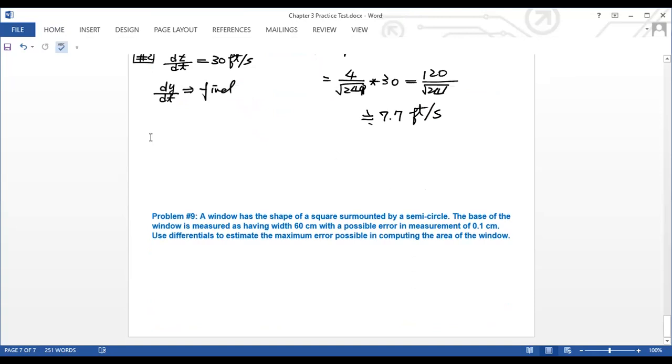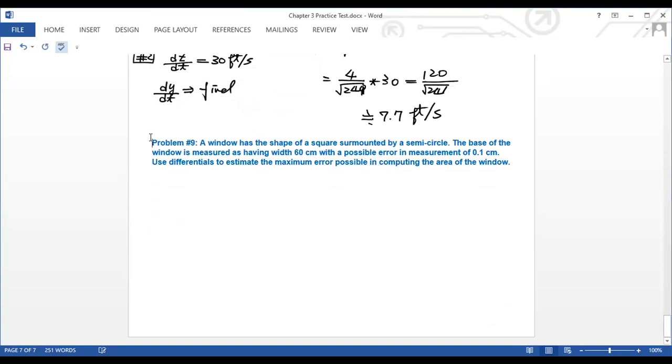So the last problem here, they said a window has the shape of a square surmounted by a semicircle. The base of the window is measured to have width 60 centimeters with a possible error of 0.1 centimeters.